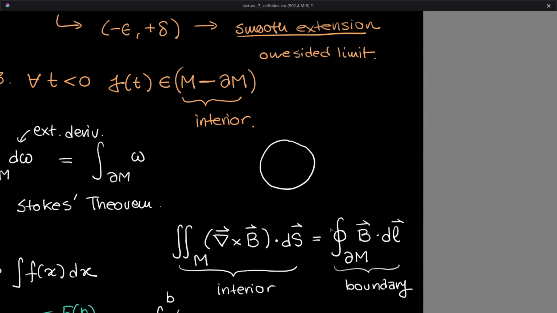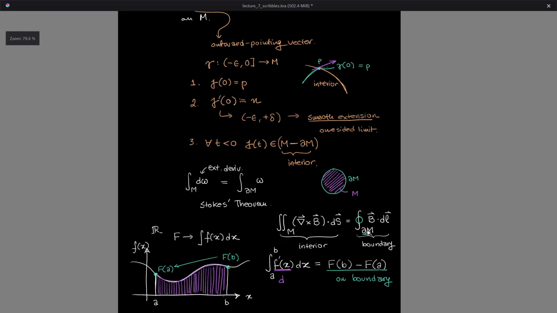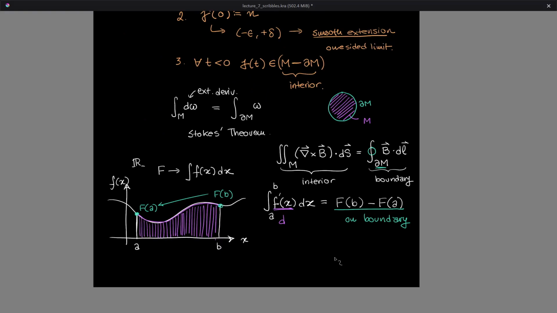So you can have a line integral on a boundary, which is del m, or you can evaluate the sum of the curls on the inside. That is also a manifestation of Stokes' theorem.